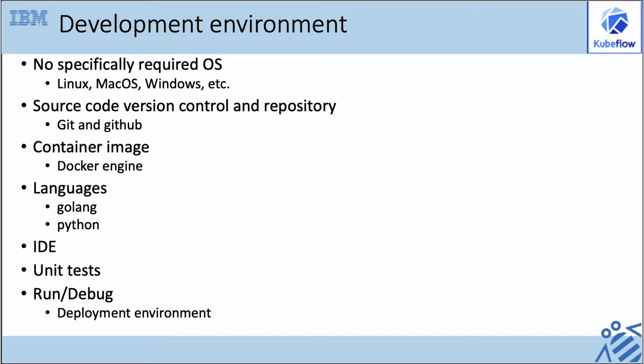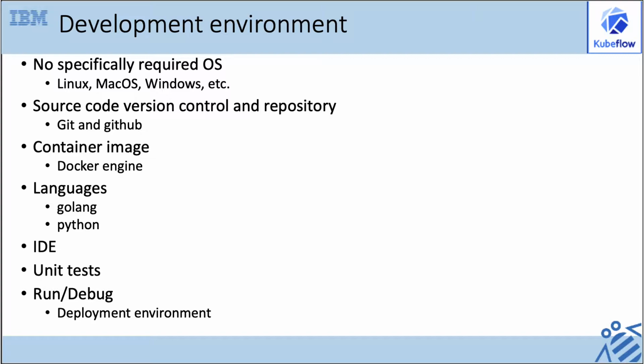Because it's cloud native, you need some sort of a cloud cluster, either on your local VM or laptop as Minikube, or a remote cloud cluster, for example on AWS, on GCP, or on IBM Cloud. These are all the requirements for the development environment setup.